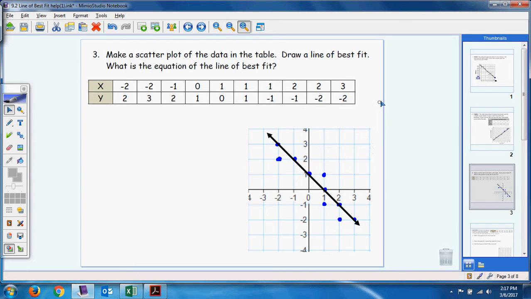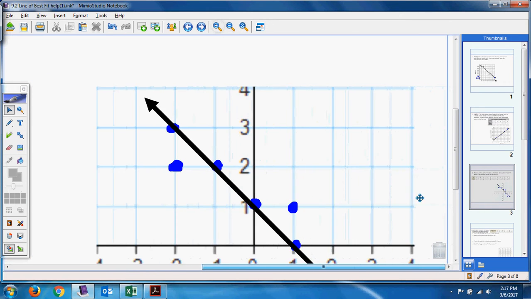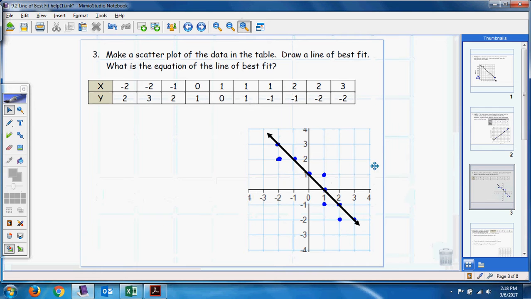Let me zoom in so you guys can see a little bit better. So again, I have drawn a line of best fit. Now, one thing that we like to talk about is it's maybe the line of the closest best fit, which means we can't get it exact, and that's what a calculator is for, or a website, or any type of computerized line of best fit. Again, we're getting the line that's the closest possible.